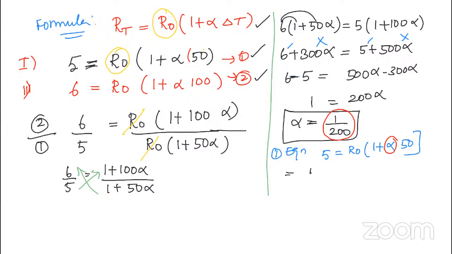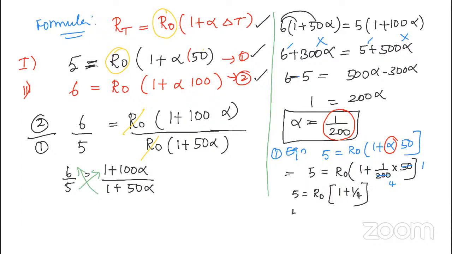So here 5 is equal to R0 into 1 plus 1 by 200 into 50. Here 1 time and 4 times, so 5 is equal to R0 into 1 plus 1 by 4.